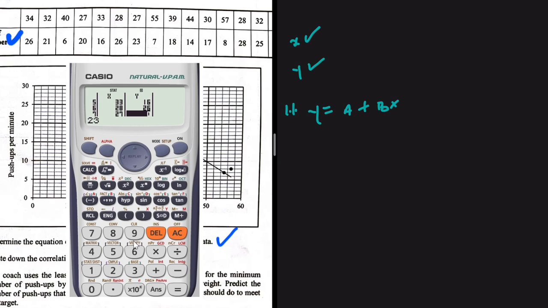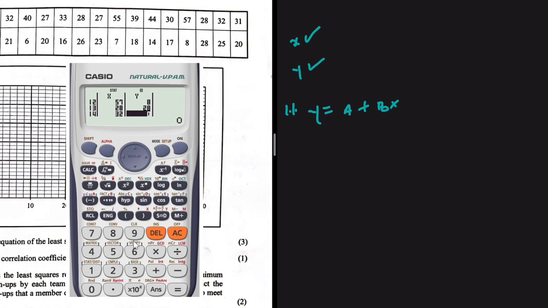So 28 goes with 26, 27 goes with 23, and then 55 goes with 7. Then we have 18, 14, 17, 8, 28, and second last, 25, and lastly we have 20.